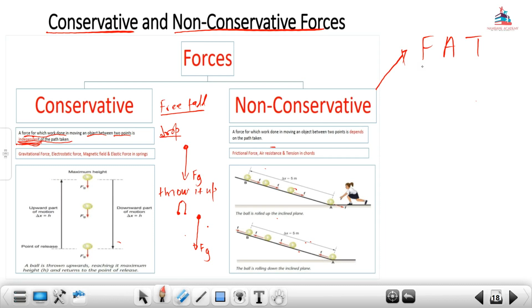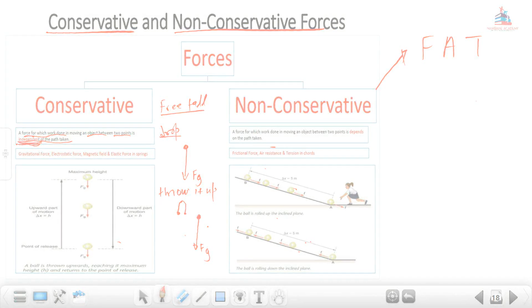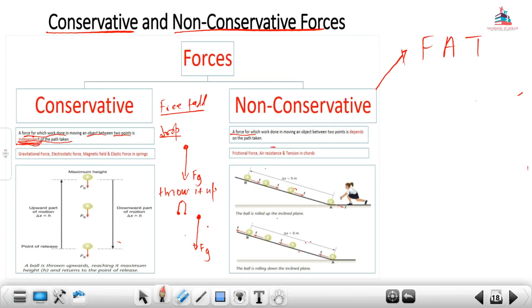Because I want to explain that a non-conservative force is a force for which the work done in moving an object between 2 points depends on the path taken. So these ones depend on the path taken. That is very, very important.